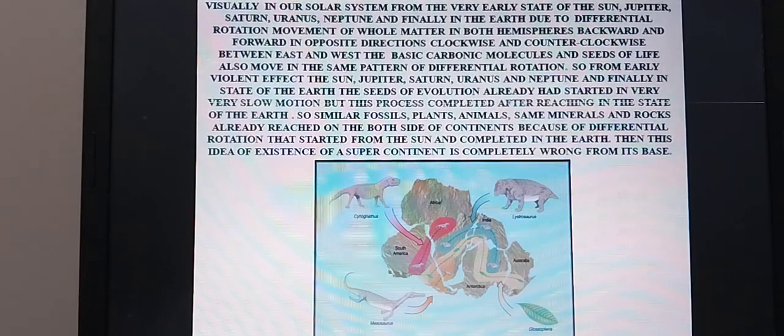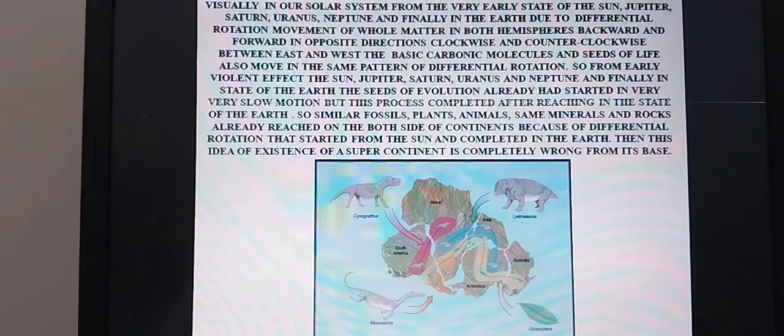Then this idea of the existence of a supercontinent Pangaea is completely wrong from the base. Actually, fossils, animals, plants, and similar minerals and rocks are not because of the existence of a supercontinent Pangaea. The real cause of this is the force of differential rotation.